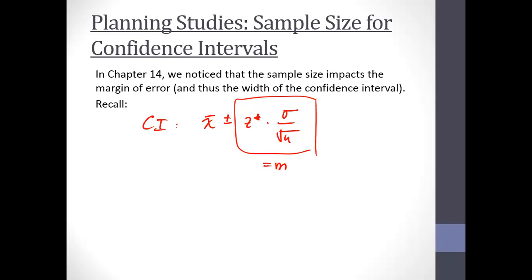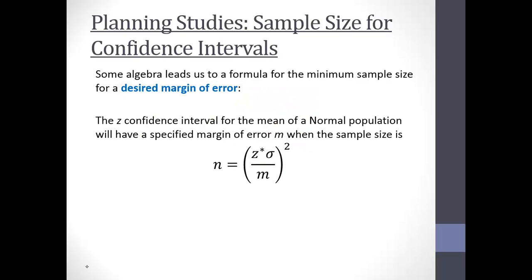What we saw in chapter 14 was that as the sample size gets bigger, you're dividing by a bigger number, so your margin of error gets smaller, and vice versa. If you're in the planning stage of your study, you might ask: can I say what my sample size needs to be in order to get a certain margin of error?